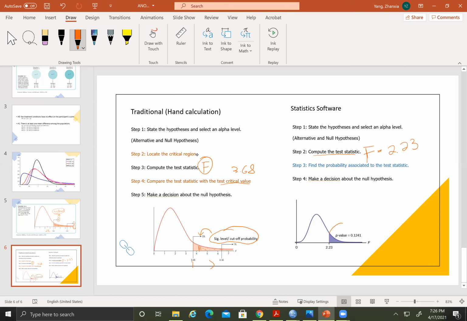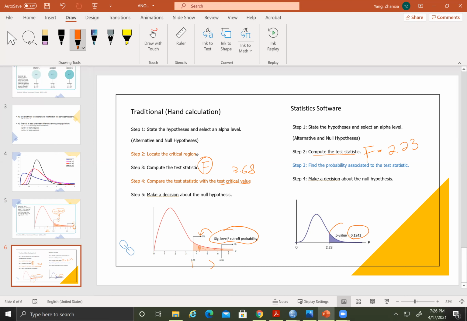This way, we can just directly make a decision based on the P, the probability associated to the F we just calculated. Okay, how do we decide? Let's take a look at this P value here. It's 0.1241.